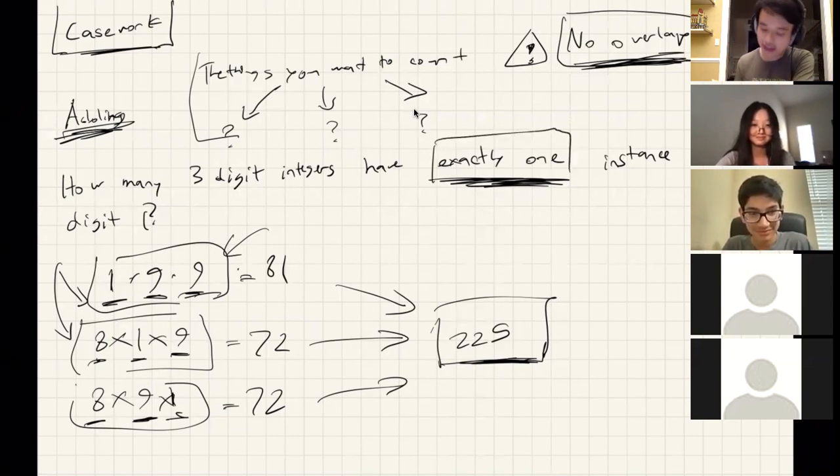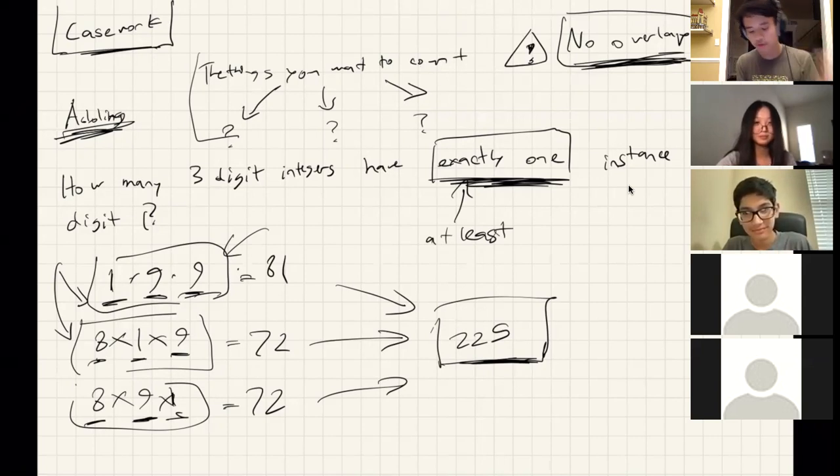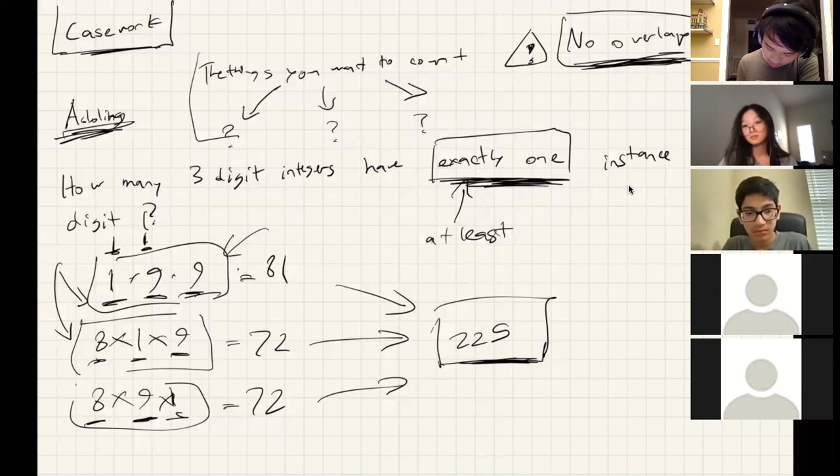If it said something like at least one instance of the digit 1, then we would actually be overcounting things, because something with a 1 in the 100th place and the 10th place might be counted once here and once here, depending on how we count our cases, right? So we don't want our cases to overlap. We don't want something to appear in multiple cases because that would be bad.